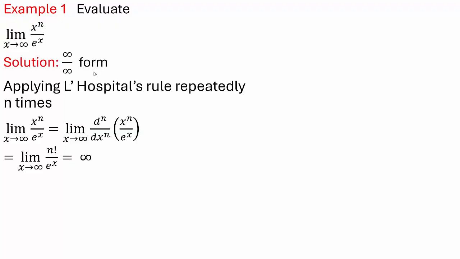That is nothing but nth derivative of x raised to n is n factorial and nth derivative of e raised to x is e raised to x. Therefore, this becomes limit x tends to infinity of n factorial divided by e raised to x. This becomes n factorial by infinity equal to 0. Therefore, limit x tends to infinity of x raised to n divided by e raised to x is 0.